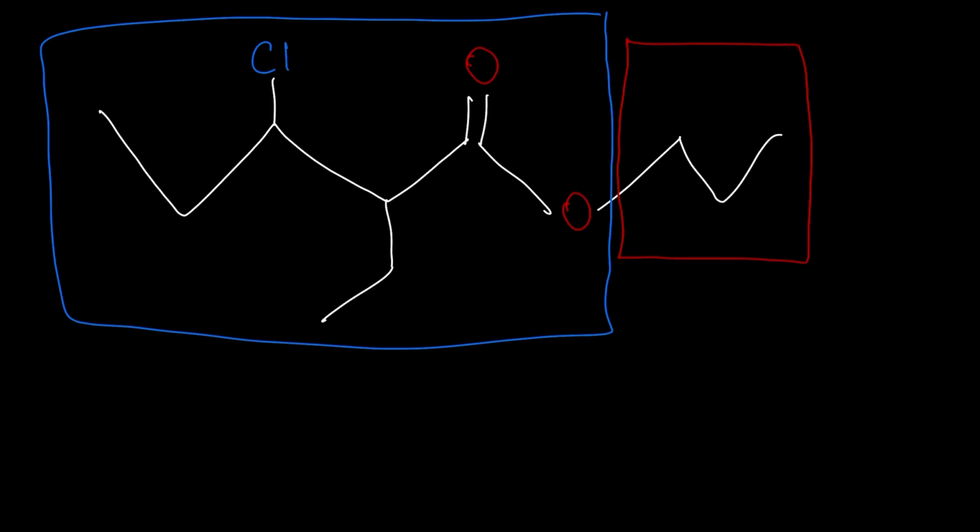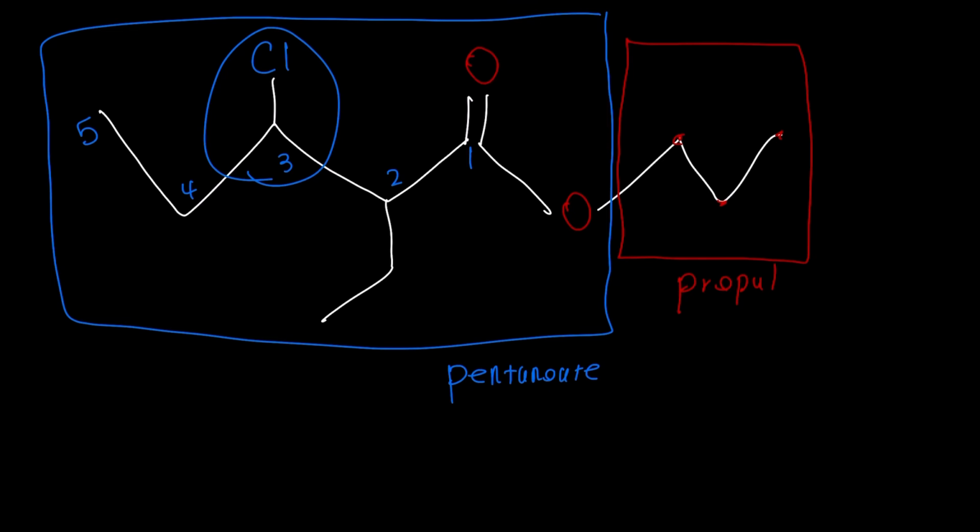On the lonely side, without any oxygens, you have 1, 2, 3 carbons, so that's called propyl. On the left side, your main chain is going to be 5 carbons long, so that would be pentanoate, but you have a lot of other things to take into account. You have an ethyl on carbon 2 and a chloro on carbon 3, and the chlorine is going to come first in naming it because C comes before E in the alphabet.